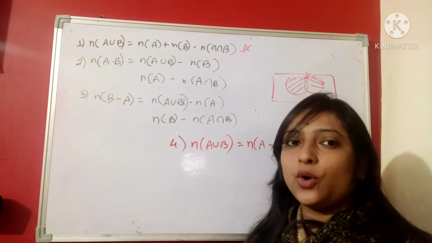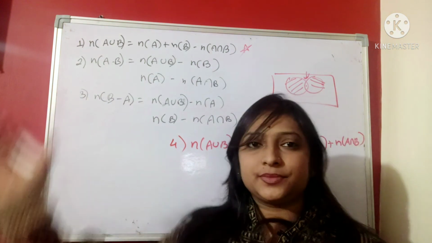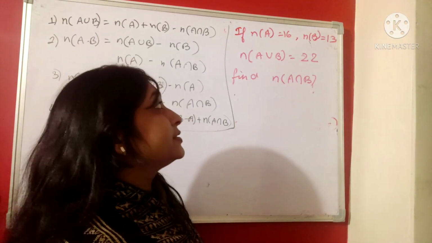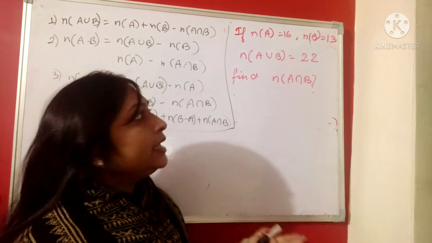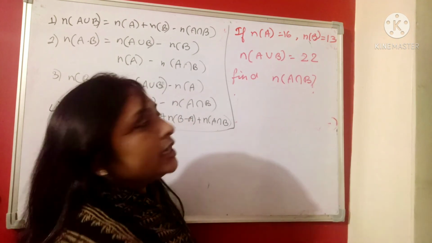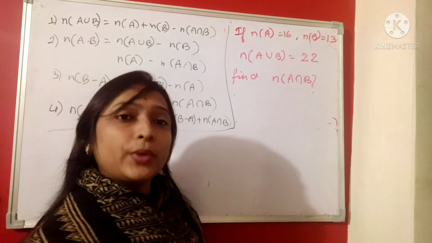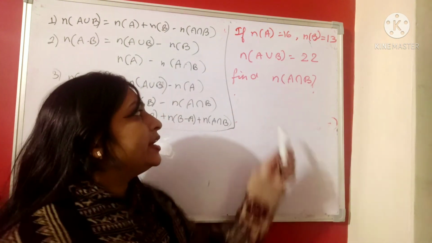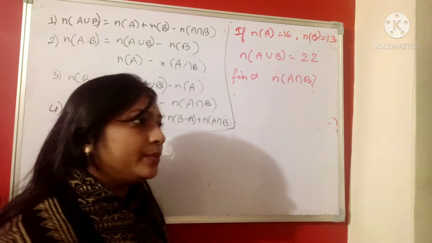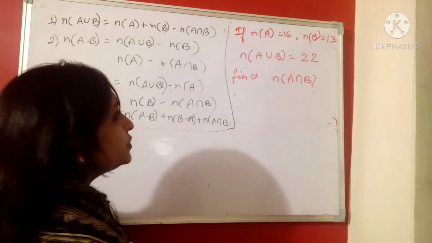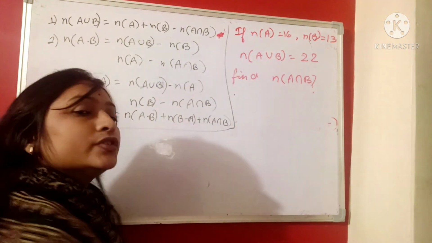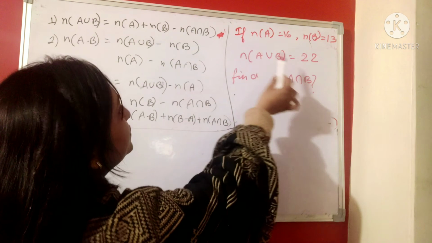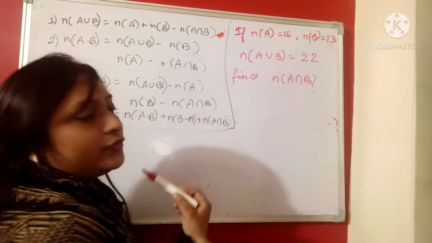Now understand these formulae with the help of a few examples. Cardinal number of A is given as 16, cardinal number of B is 13, cardinal number of A union B is 22, and we are supposed to find the cardinal number of A intersection B. Which formula are we going to use? We are going to use the very first formula, because all the terms that are given are included in it.